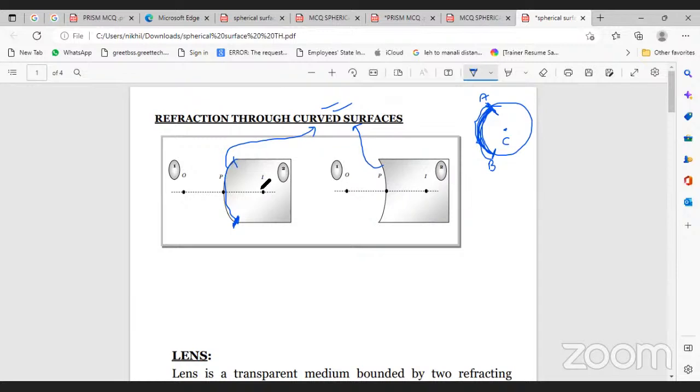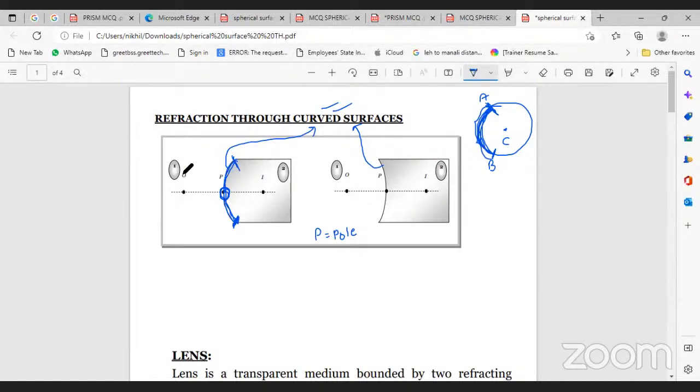So in this spherical surface, the midpoint of this curved surface, P, is called the pole. The midpoint of the curved surface is called what? The pole.